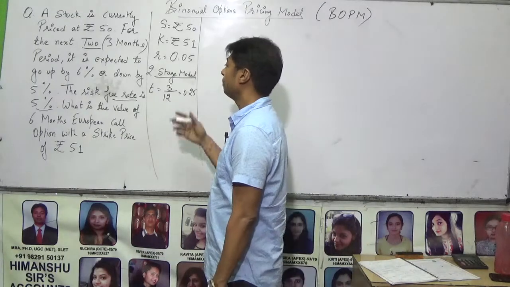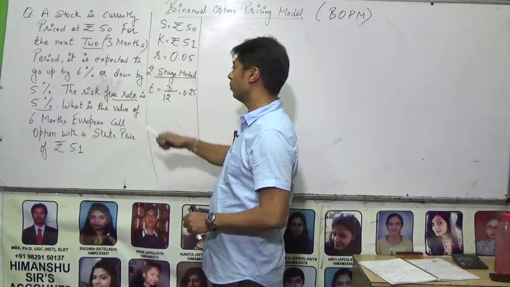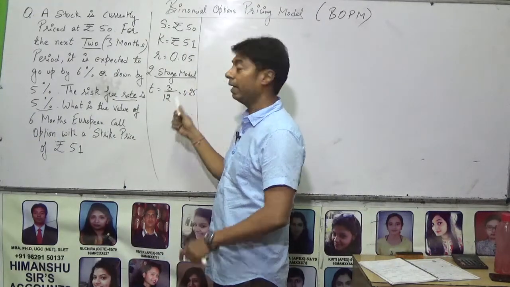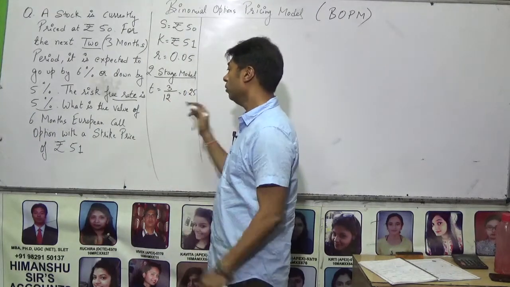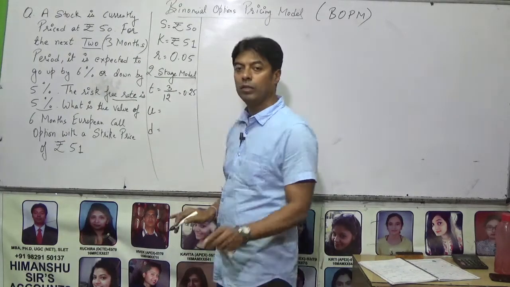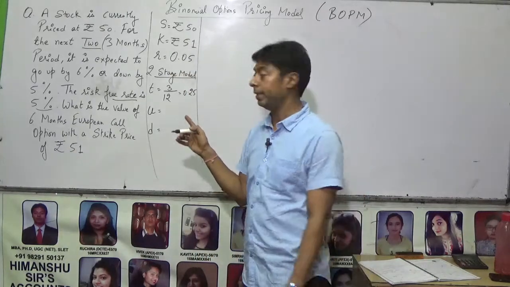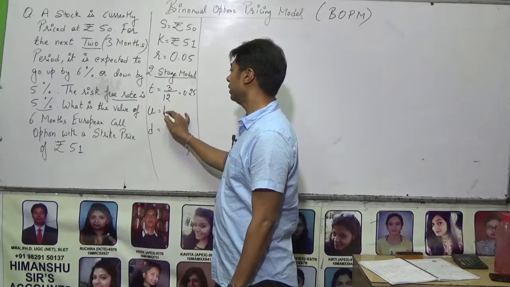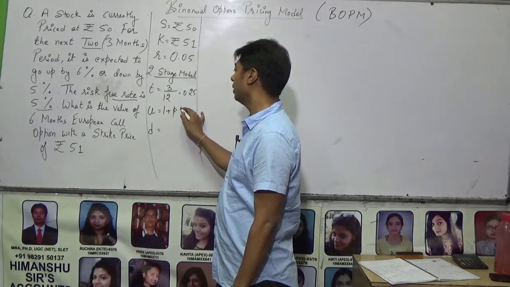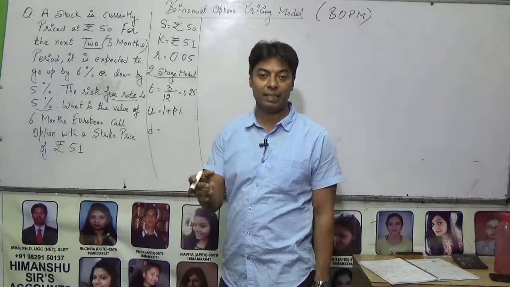What else? You have the spot price, the strike price, the rate of return 0.05, and the value of time t, 0.25. Then you have to find out two factors. One is u, another is d. U is the upswing constant, D is the downswing constant. For the upswing constant, you add 1 to the percentage increase.